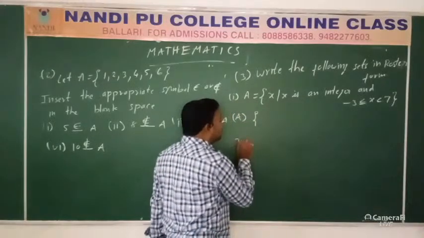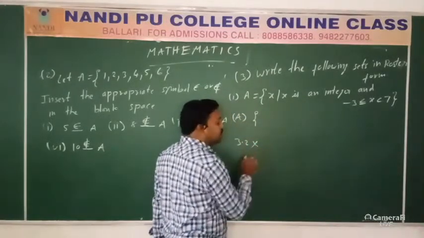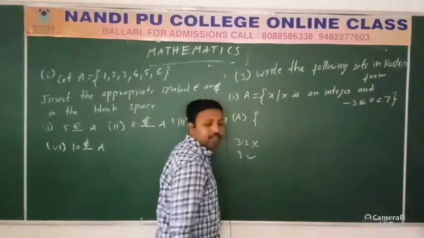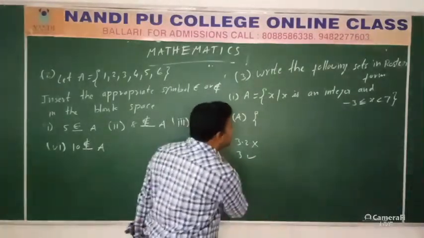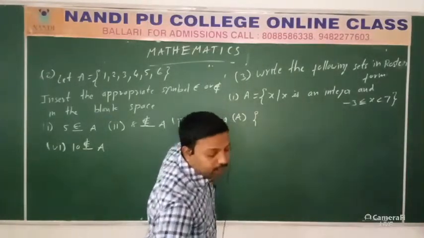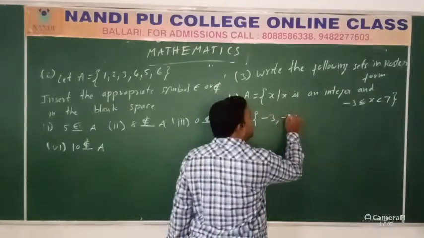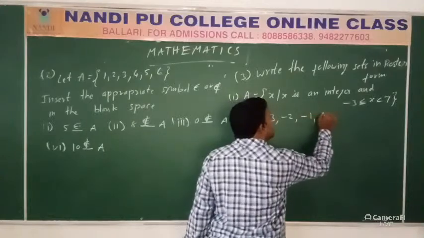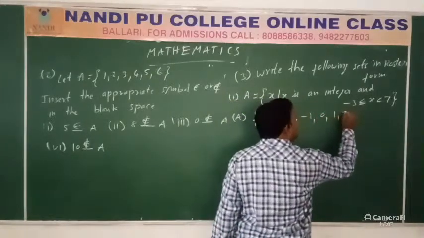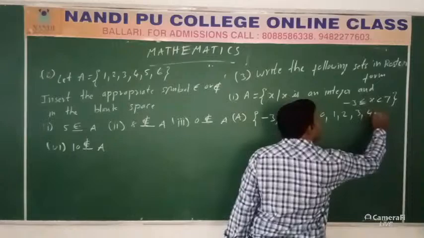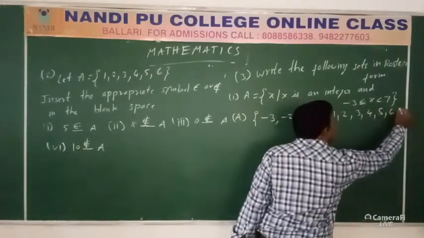Integer means 3.2 is not an integer, 3 is an integer. Decimals will not come in integers. So we have to take from minus 3: minus 3, minus 2, minus 1, 0, 1, 2, 3, 4, 5, 6.